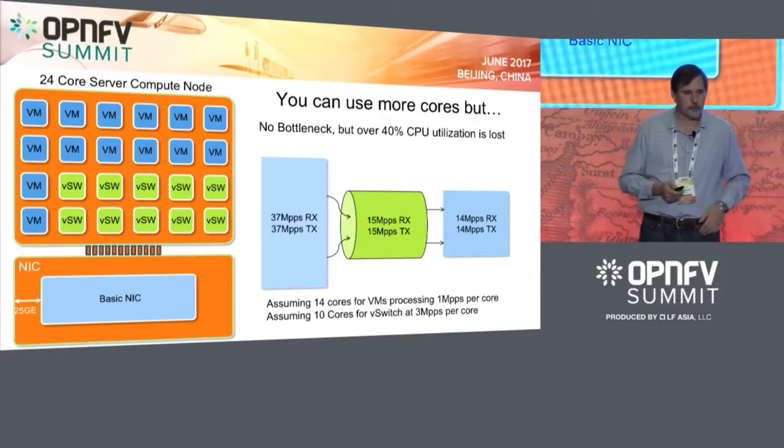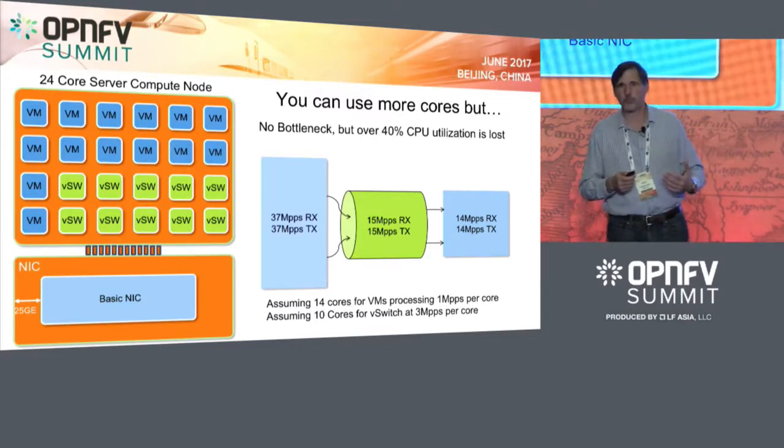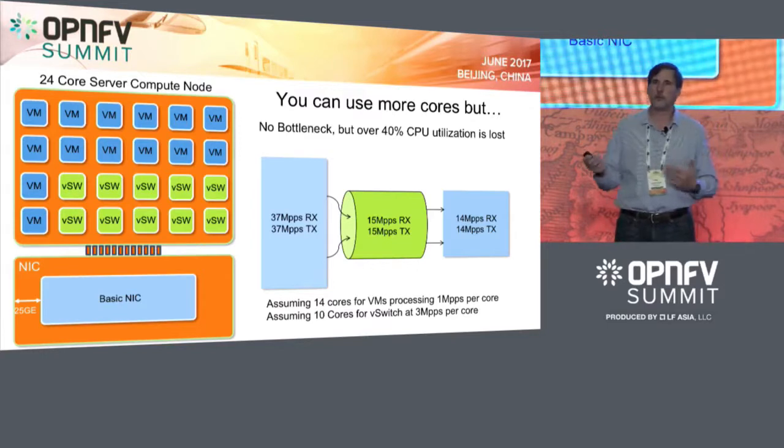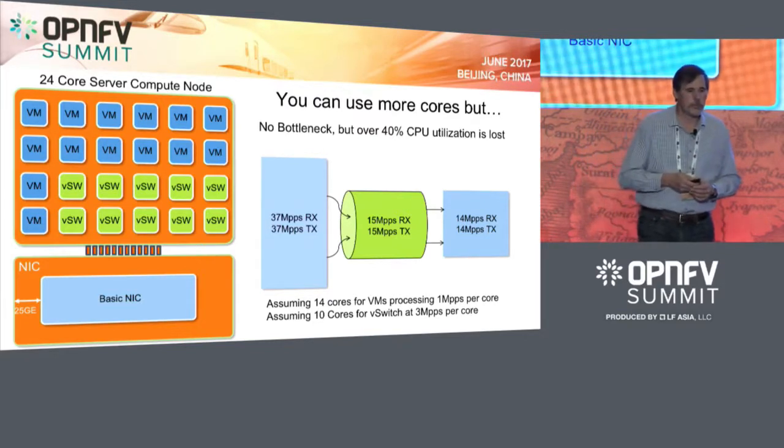So let's look at the case where you try to solve the problem by equalizing the vSwitch processing throughput with the VNF capabilities. You can do that by allocating more cores to the virtual switch, and you can roughly match the virtual switch throughput with the VNF throughput.